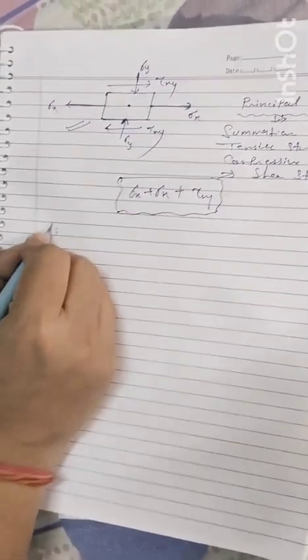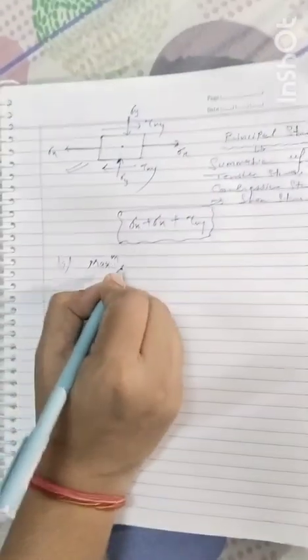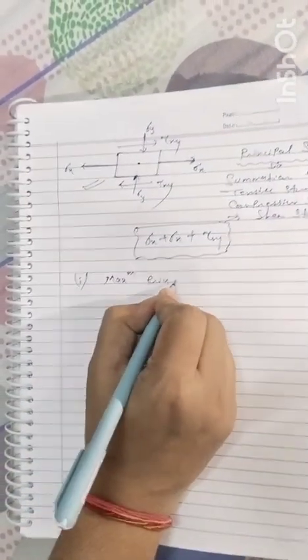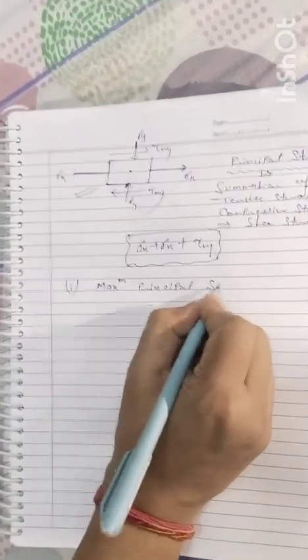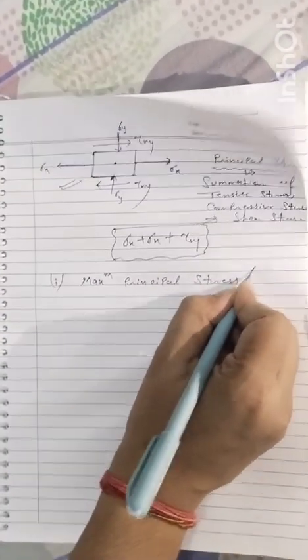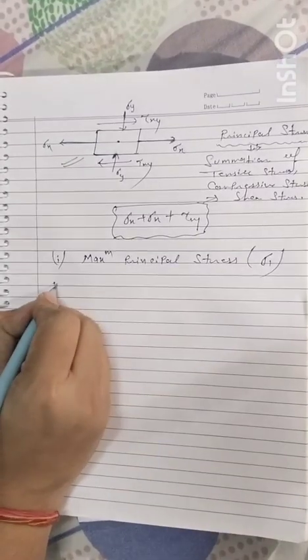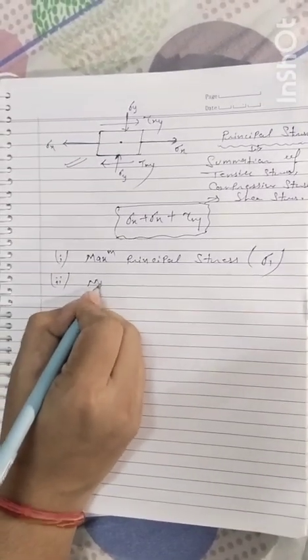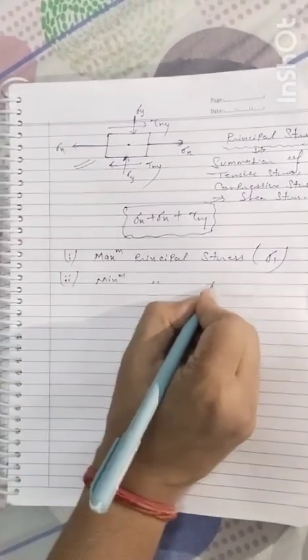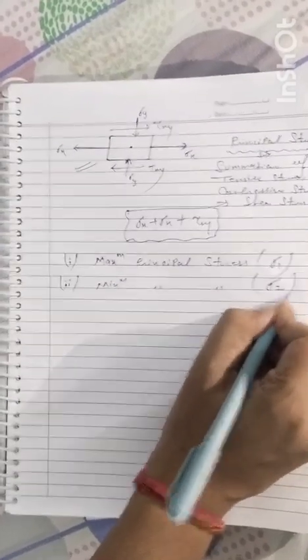Now we have two types of principal stresses. That is called maximum principal stress, this is sigma 1. Now we have minimum principal stress, this is sigma 2.